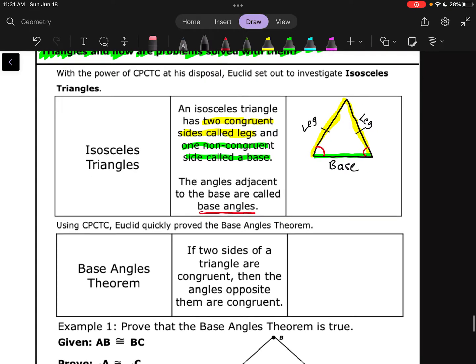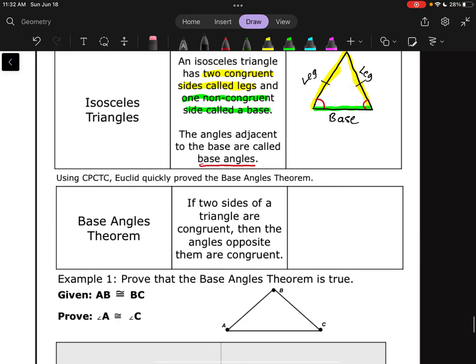And using CPCTC, Euclid proved what he called the base angles theorem. The base angles theorem says if two sides of a triangle are congruent, then the angles opposite them are also congruent.